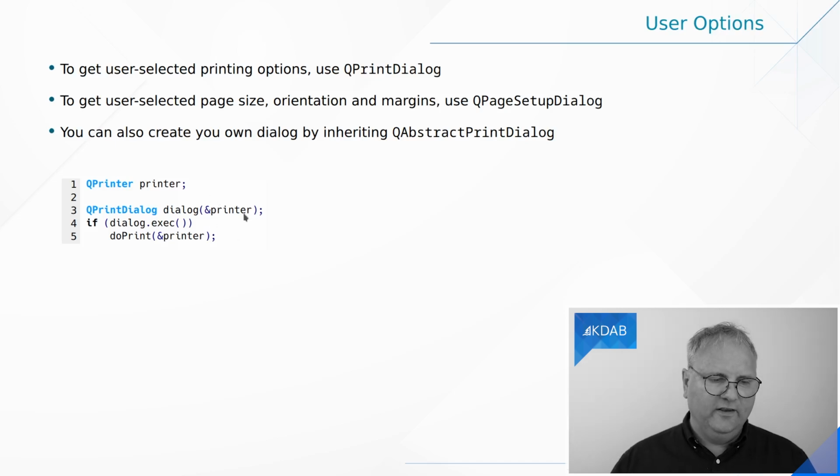Notice that you specify the printer here as a parameter to your QPrintDialog, because your QPrintDialog will call methods on your QPrinter to set it up. For example, how wide and how tall is one piece of paper in your printer.